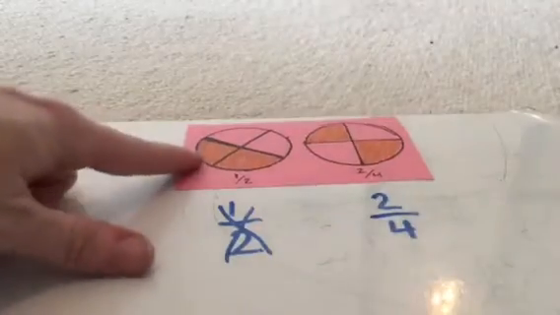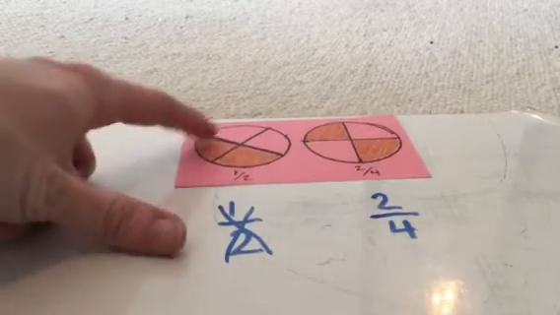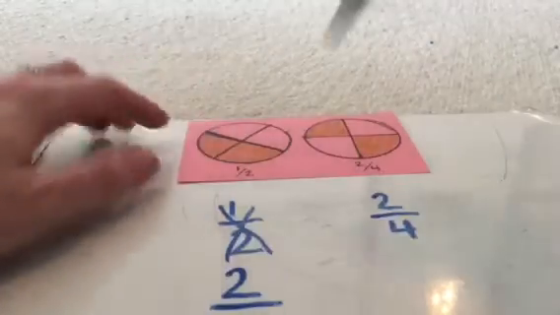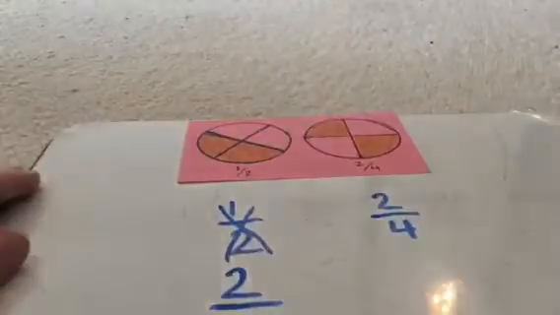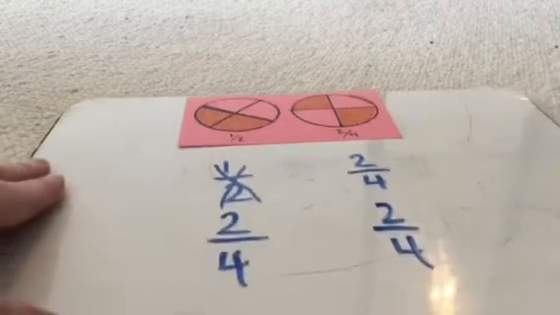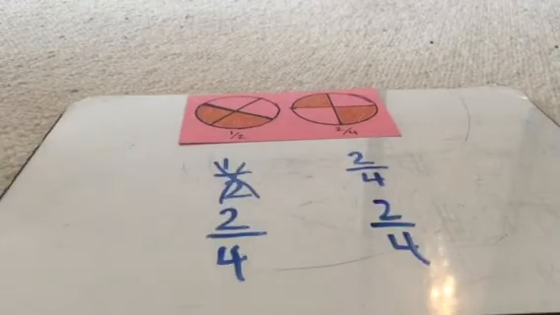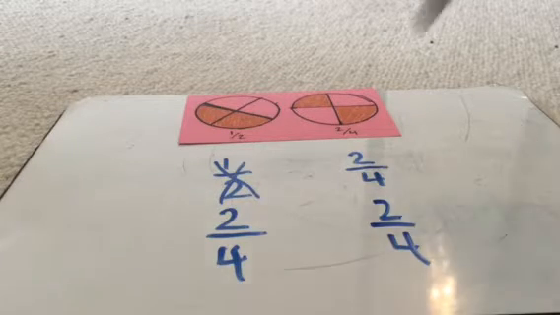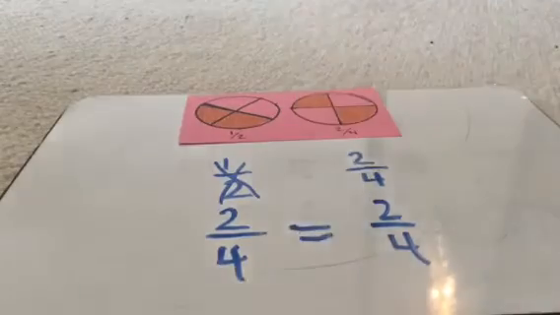So no longer is it 1/2. Now I have 2 shaded pieces out of 4 pieces in all. And this fraction is still 2 shaded pieces out of 4 in all. So now I can compare the fractions. 2/4 compared to 2/4. Well, they have the same numerator and the same denominator, so they must be equal.